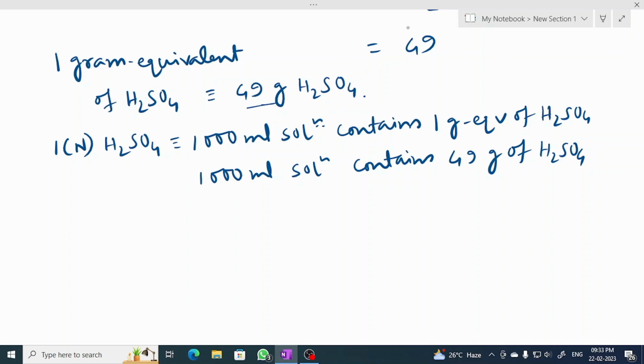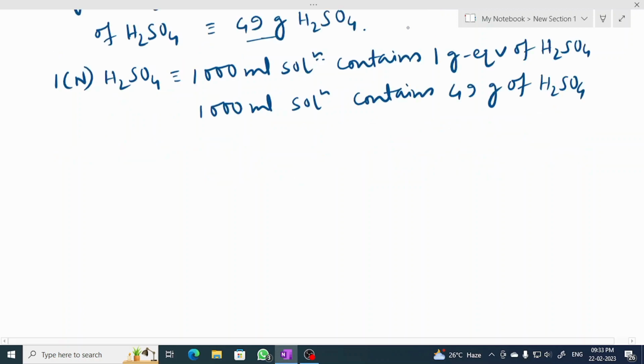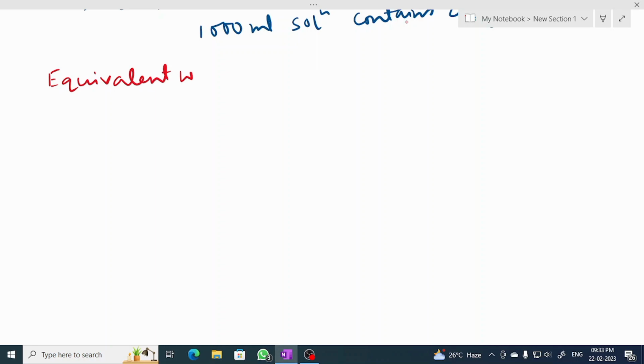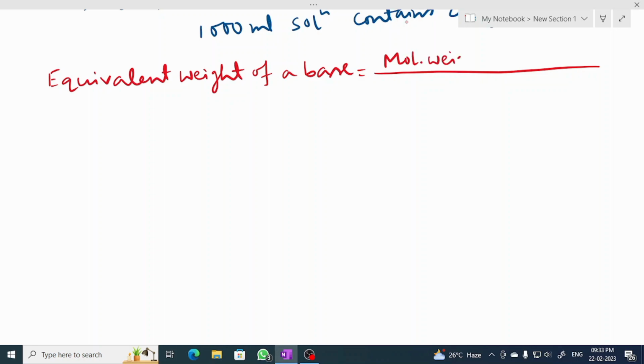Now we will discuss the equivalent weight of a base. Equivalent weight of a base is molecular weight of that base by its acidity.